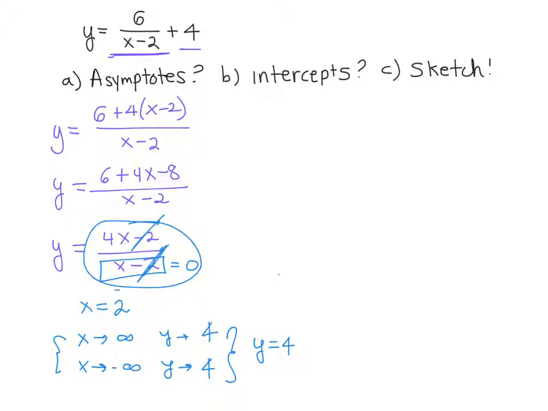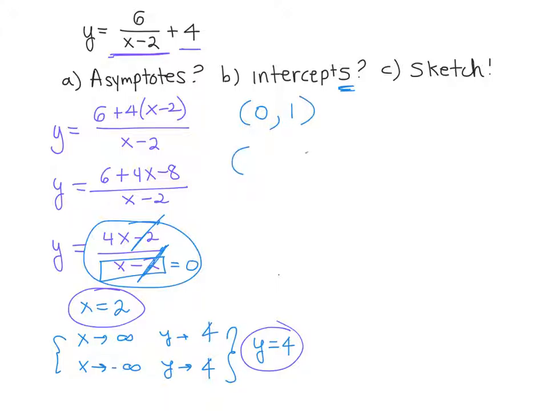So the answer to the question is that x is equal to 2 and y is equal to 4. Where are the intercepts? That's a plural, that means x-intercept and y-intercept. When x is equal to 0, what is my y value? You get 4x minus 2 over x minus 2, so you get positive 1.